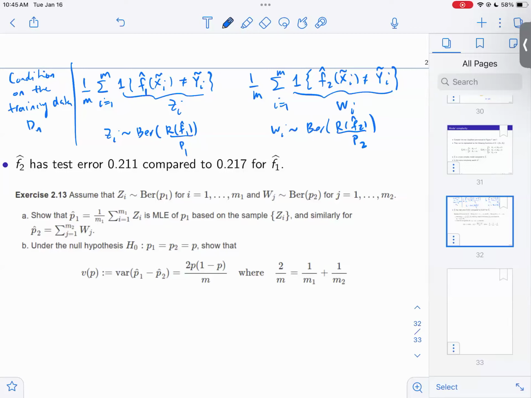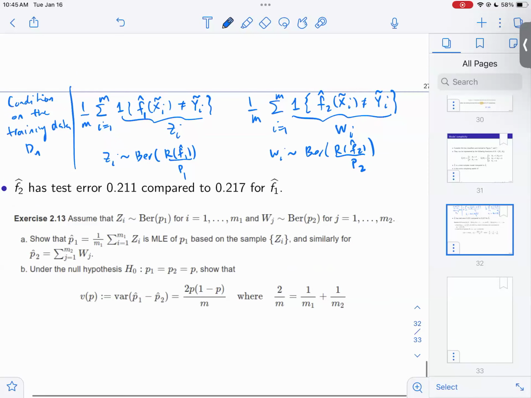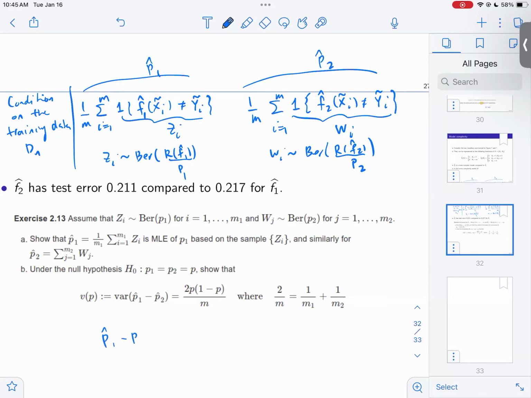If I assume they're equal, then this is a good estimate of p1, so you can think of it as p hat 1, and this as p hat 2. Then I can look at the difference, p hat 1 minus p hat 2. If I have a measure of the variance, the standard error, this is an estimate, so it has a variance.